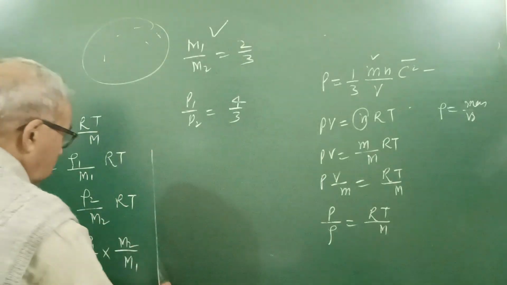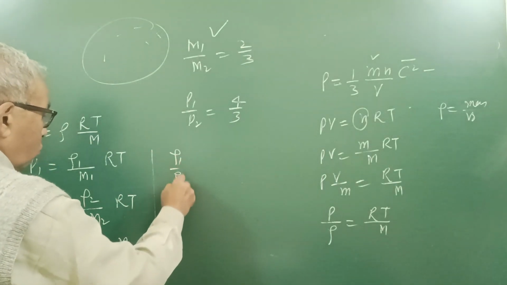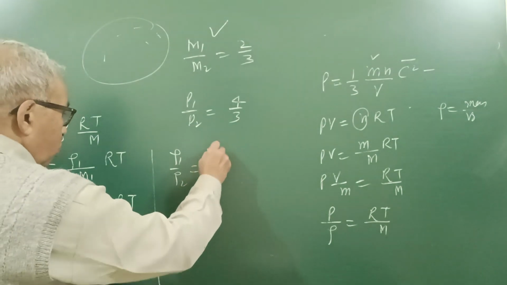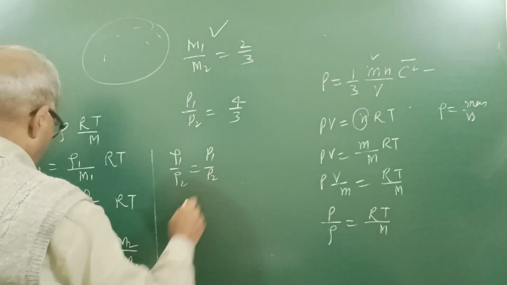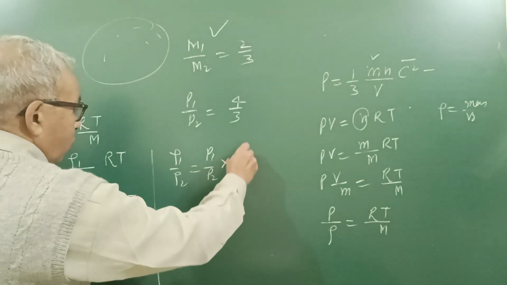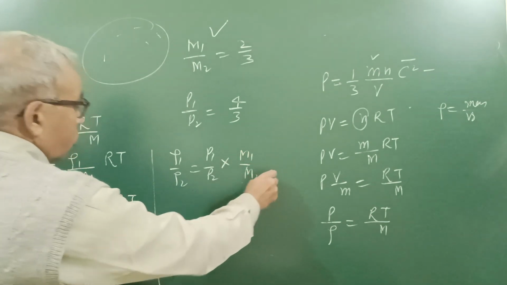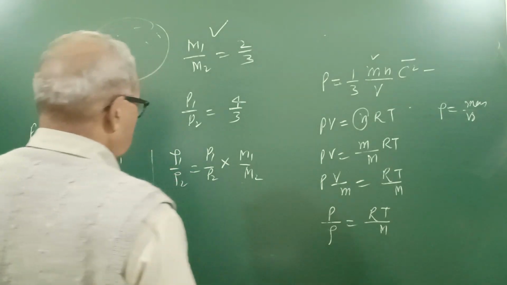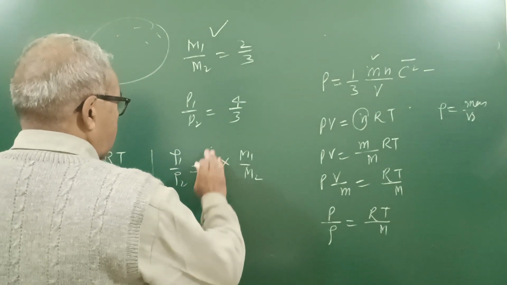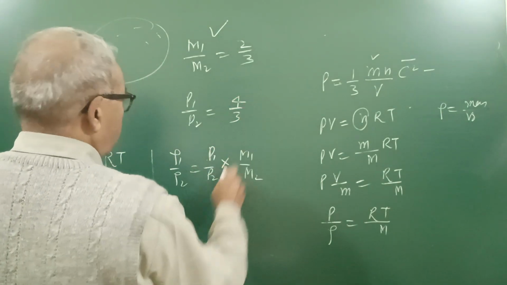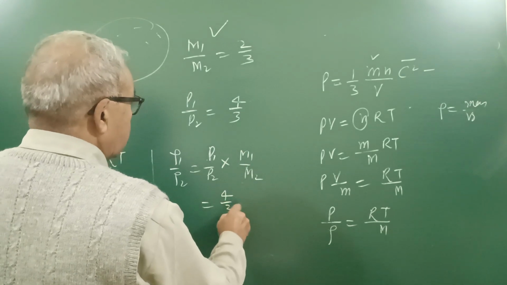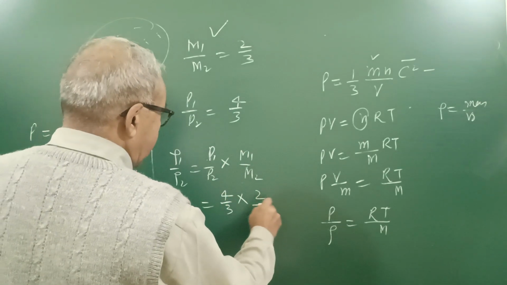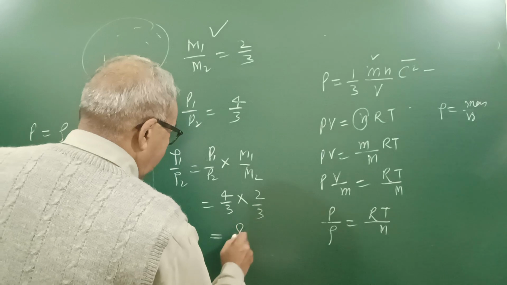Or rho1 upon rho2 is equal to P1 upon P2 into M1 upon M2. So the thing becomes simple. P1 upon P2 is 4/3, M1 upon M2 is 2/3, so it is 8/9.